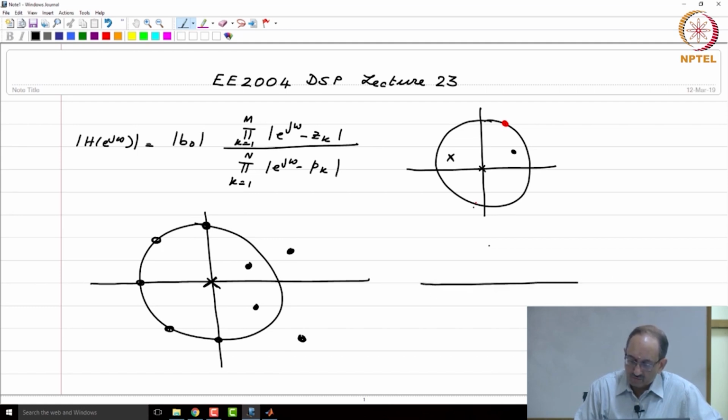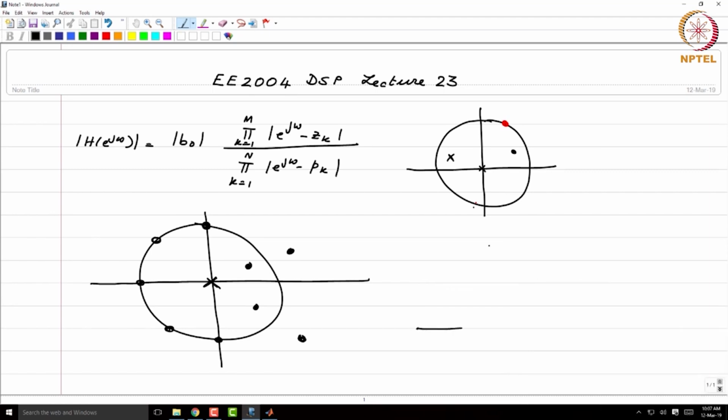And now to get a feel for the frequency response, if you are here on the unit circle at omega equal to 0, then you are farthest away from all the zeros, and you go along the unit circle.